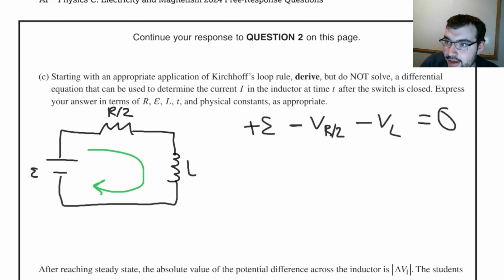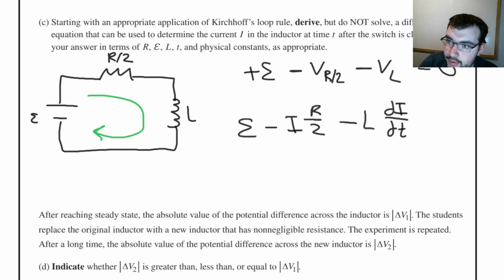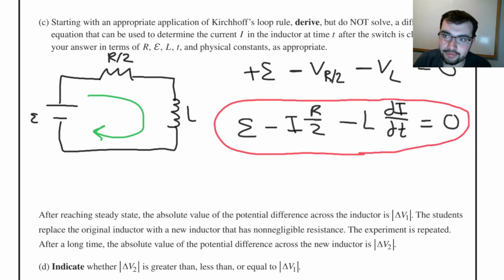And after you do all that, we have to get back to 0. The voltage across a resistor is just Ohm's law, and the voltage across an inductor is defined as L times dI/dt. And notice I've satisfied all the criteria: I have a loop rule and a differential equation in it, I have the dI/dt, so it works out.